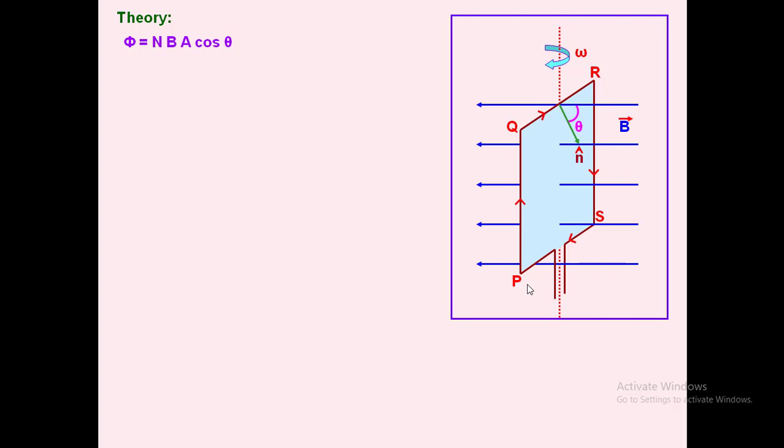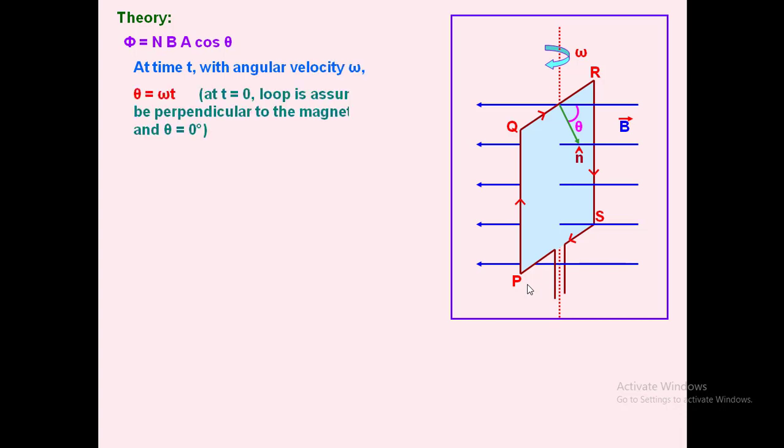So NBA cos theta, this is the magnetic flux. At time t, with angular velocity omega, theta is equal to omega t. At t equal to 0, the loop is assumed to be perpendicular to the magnetic field and theta is equal to 0. That means the normal vector will coincide with the magnetic field. Now phi equals NBA cos omega t, because theta is replaced with omega t.